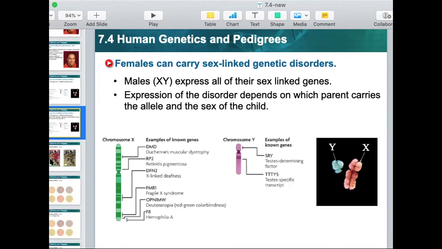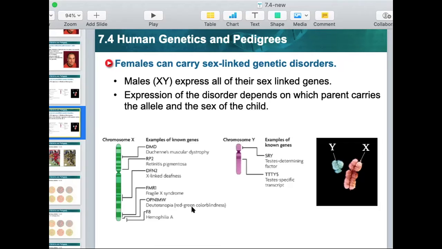So in the X chromosome, there are roughly 2,000 genes that they've discovered. And this just shows you a few of the genes that they know about. And so there's a gene for color blindness right here. There's a gene for hemophilia, another gene for color blindness down here.